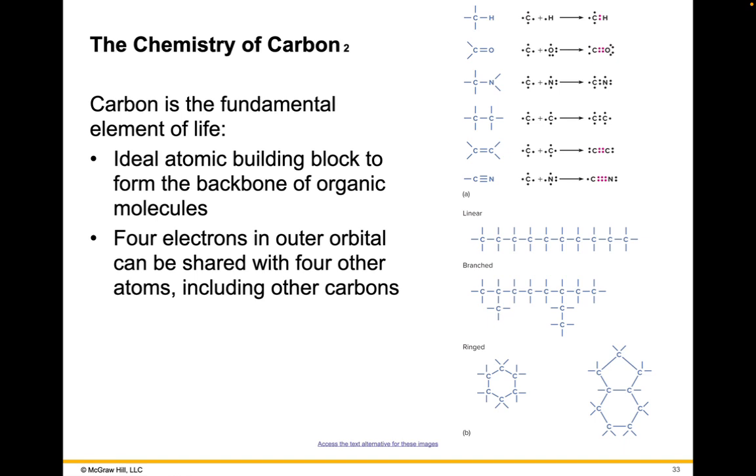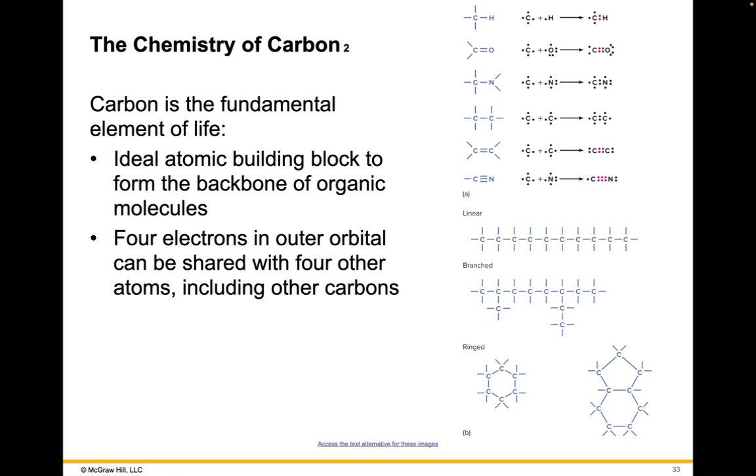And so how's it going to do that? Remember, when you share valence electrons, that forms what type of bond? That's going to be a test question, so you should know that it's going to make covalent bonds. So carbon's going to make 4 covalent bonds all the time.